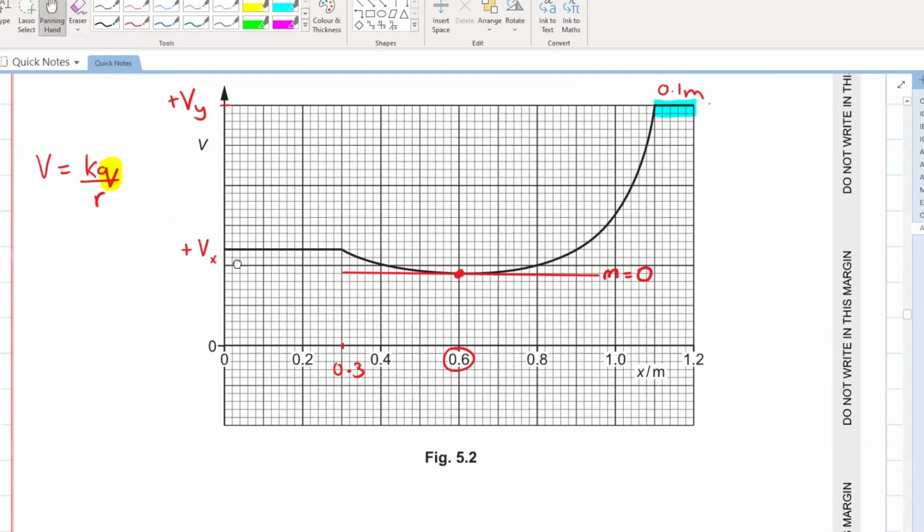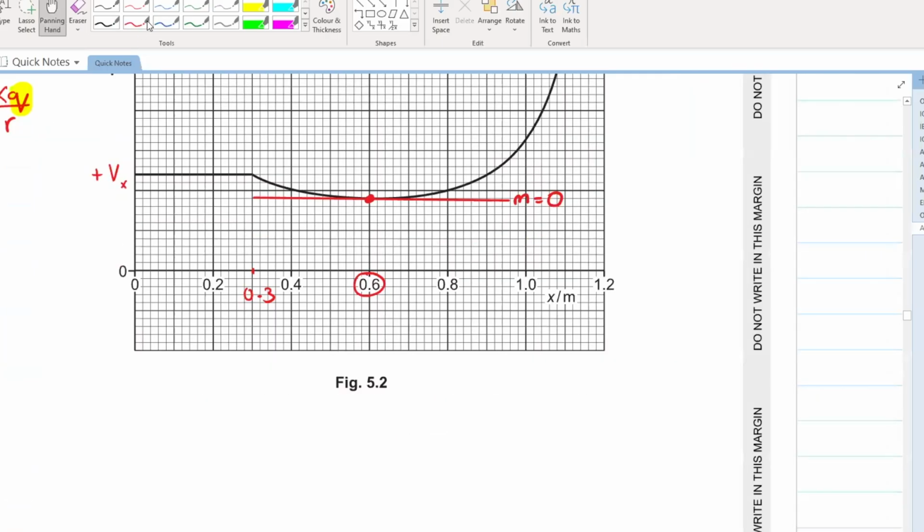If you understand this logic, you will feel good about yourself. Now from theory, I know that the gradient of the electric potential versus distance graph is equal to the negative of electric field strength. If gradient is 0, the electric field strength is 0.